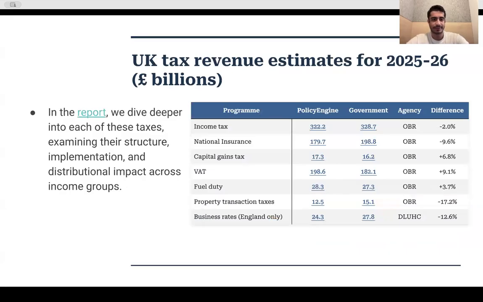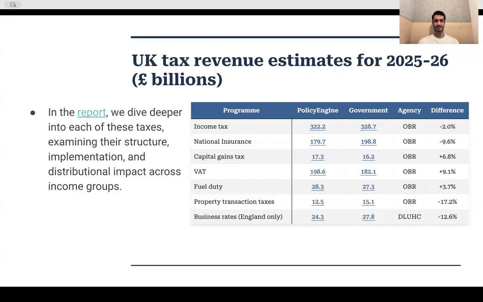As an example, I put the table of the tax revenue estimates for the 2025 fiscal year. You can see that we put the government targets for each tax element: for example, income tax, national insurance, capital gains tax, VAT, fuel duty, property transaction taxes, and business rates.